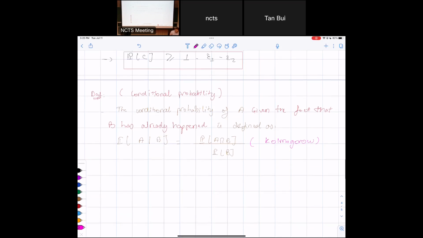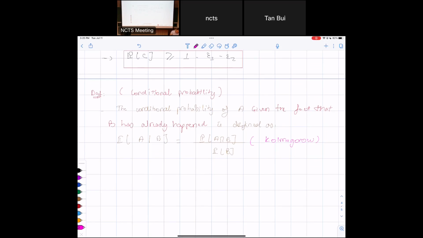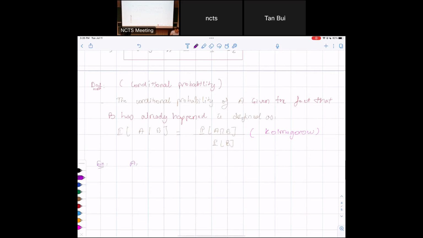Okay, so maybe an example for us to understand is this. We consider rolling a dice.